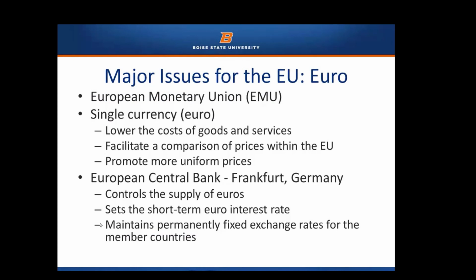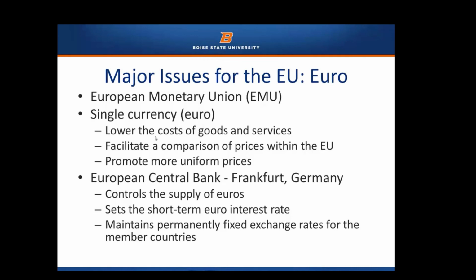Another major issue is monetary. And so, as I mentioned, the European Monetary Union are those countries in the EU that have adopted the euro. There's an advantage of having a common currency is it lowers the transaction costs and the risk of trading one country versus another. A major source of risk is if you engage in a contract. So you're selling wheat, for example, to another country.